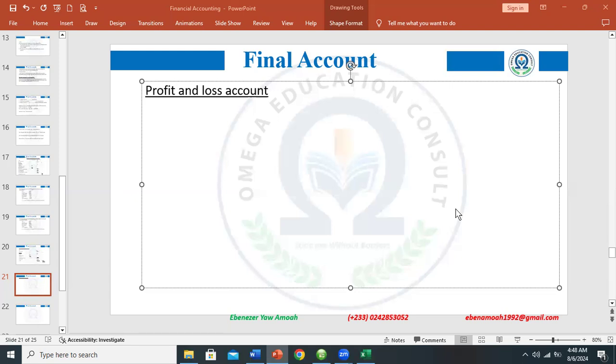So for the profit and loss account, first and foremost, it is prepared to determine net profit or net loss. Now we'll get to know what this net profit or net loss is.